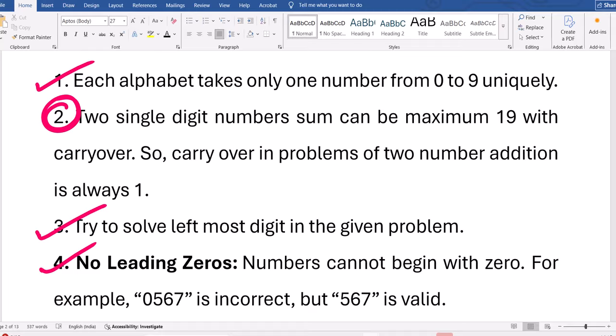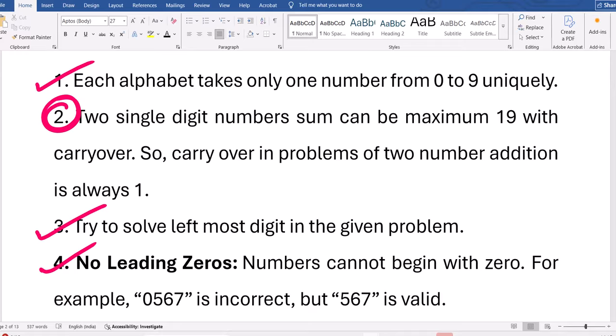What is the maximum carry you will get when adding? What is 9 plus 8? Carry is 1. 6 plus 7 is 13, carry 1. Maximum carry is 1 only when you are adding two different digits.